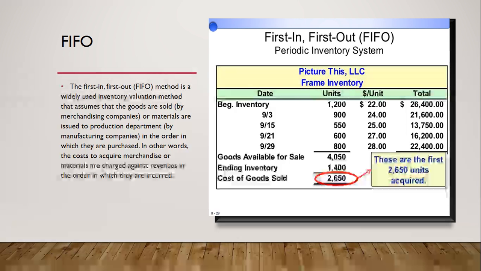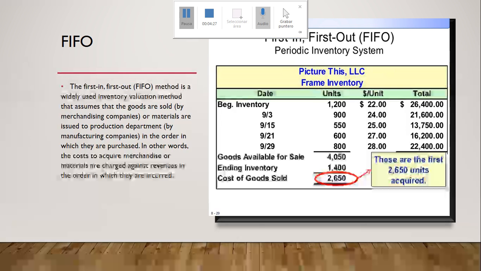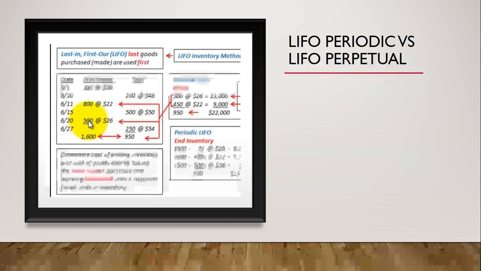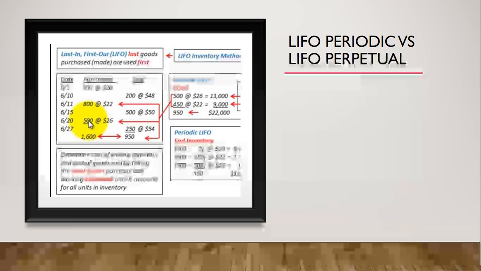The next one is LIFO periodic versus perpetual. The LIFO periodic system and the LIFO perpetual system might generate different costs of goods sold or materials usage, and different cost of ending inventory figures.